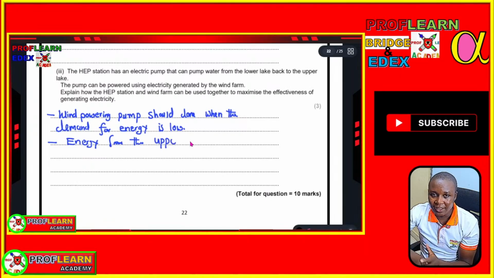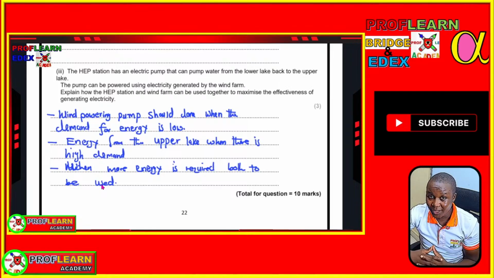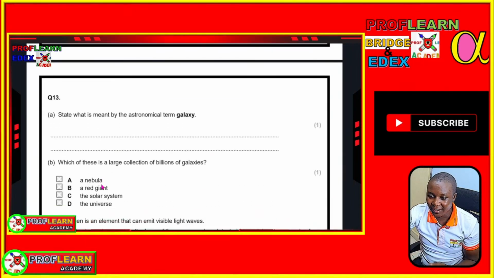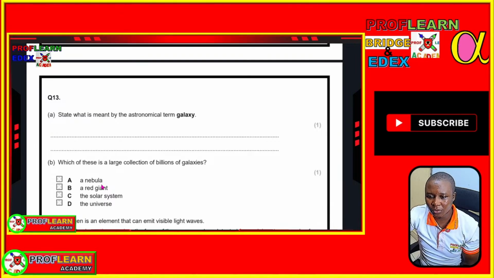But the disadvantage of wind energy is that it's not reliable, and it cannot produce enough electricity. The electricity keeps fluctuating depending on the amount of wind. Another disadvantage is that it produces a lot of noise pollution, and it can also kill birds.